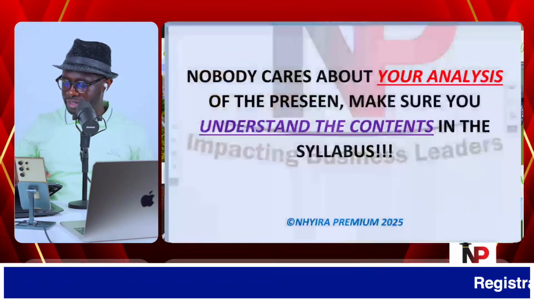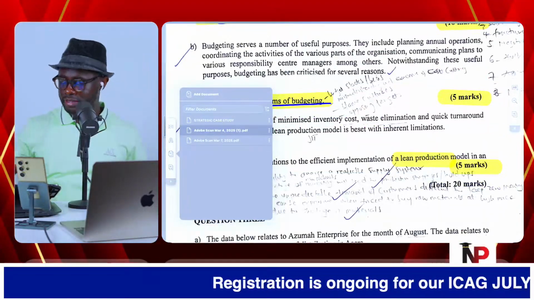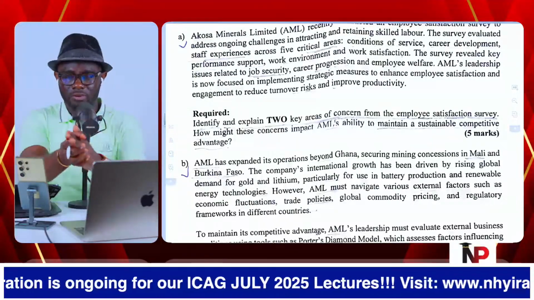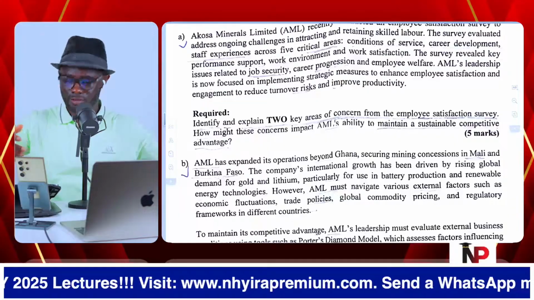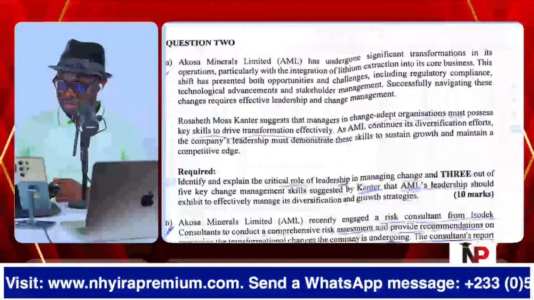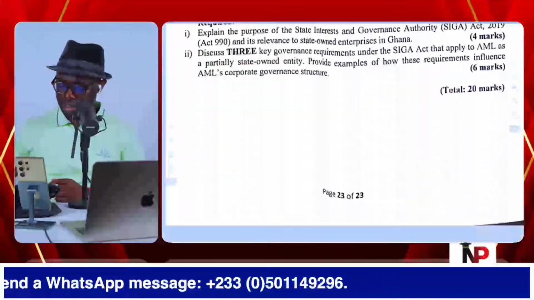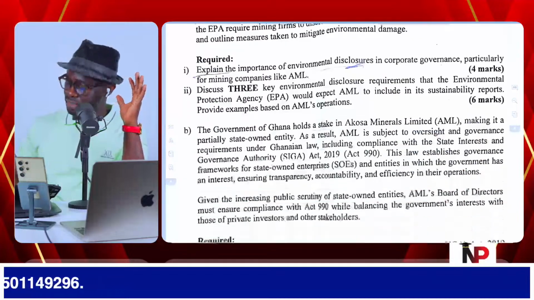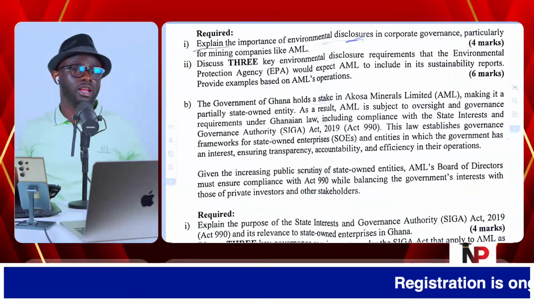So last semester, for instance, you see the exam. In the exam hall, you have the pre-scene plus additional information, then you see the questions. And so these are the questions the examiner brought last semester. That's March 2025. There were 5 questions, each of them 20 marks, covering various areas of the syllabus.